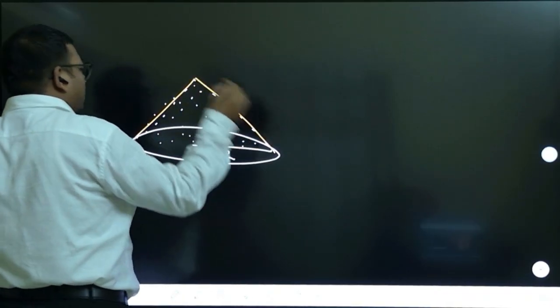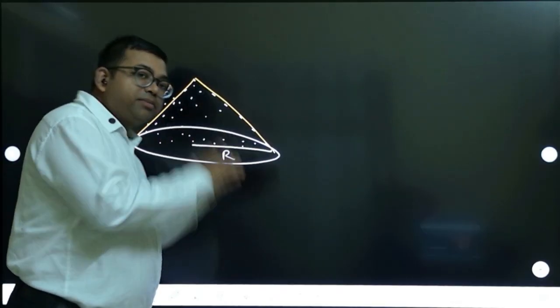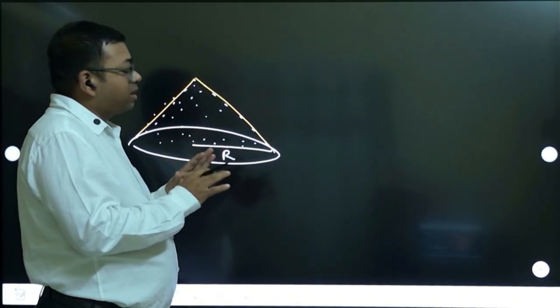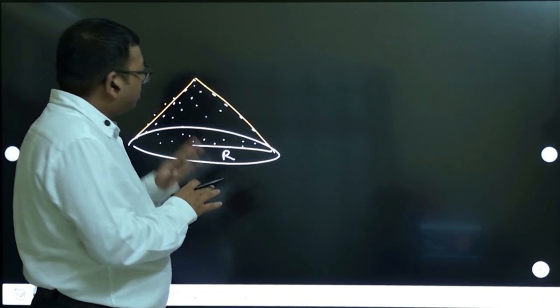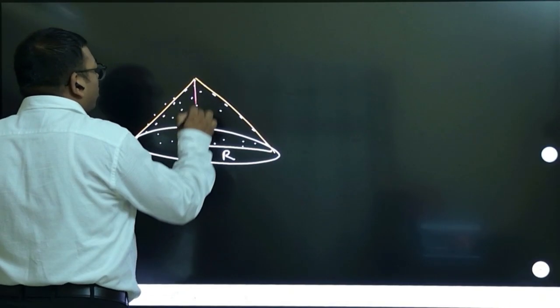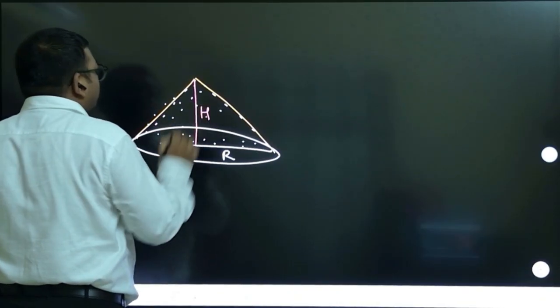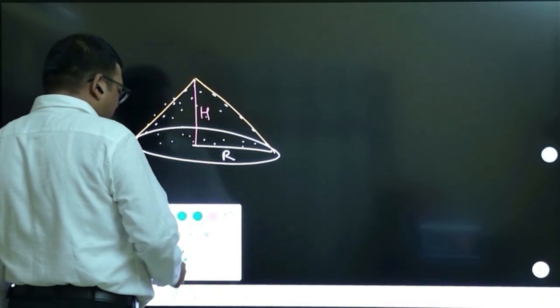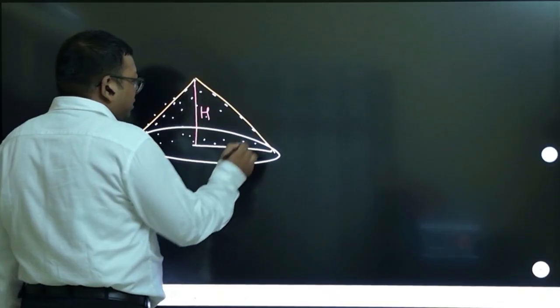After that, if you put any extra sand, it comes down. That means you cannot make more than this height. I think they are asking height. What is this maximum height of this cone which you can make?